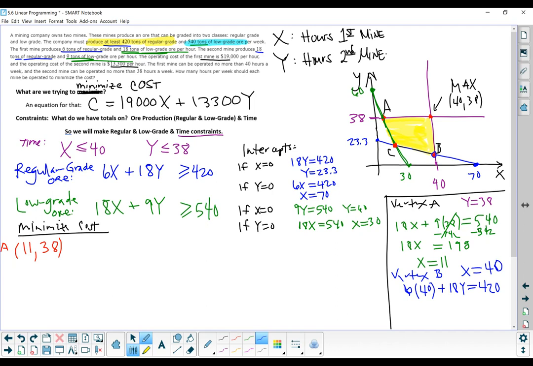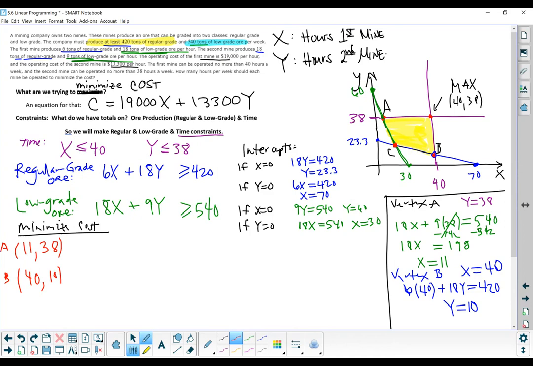So we divide by 18 to get y equals 10. Okay, so point B, the x value was 40 and the y value is 10.